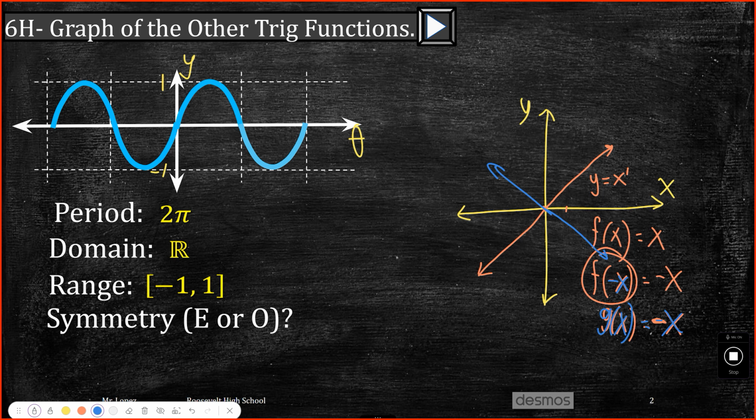But then let me do another thing here. What's going to happen if I multiply both sides by a negative 1? So I'm going to get negative g of x equal to negative times the negative of positive x.